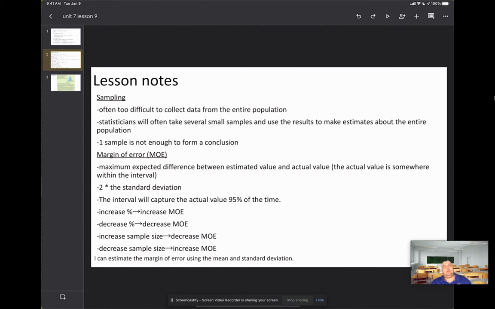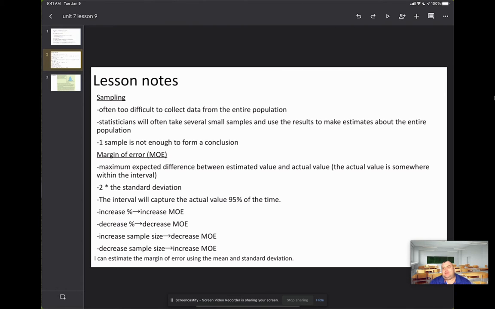Kind of going along with sampling is this idea of a margin of error. Some of you may have heard of this concept. Usually you'll see it talked about with political polls around election time, where different candidates are in the polls.